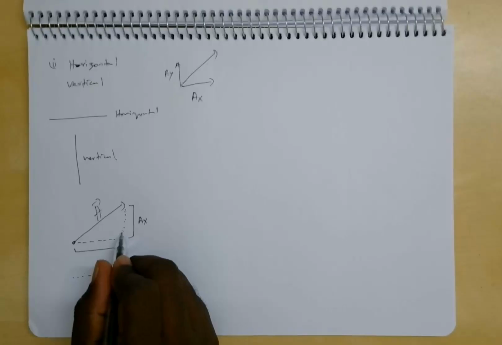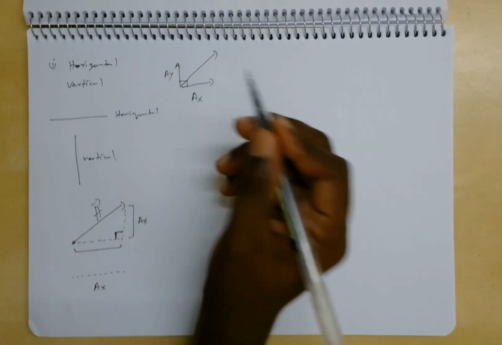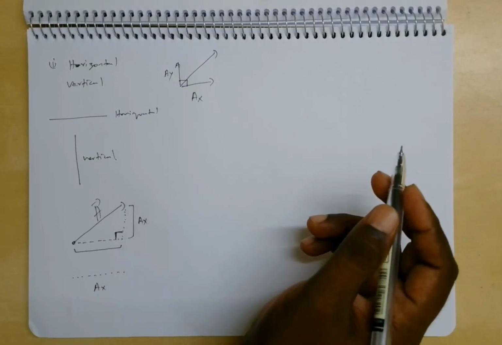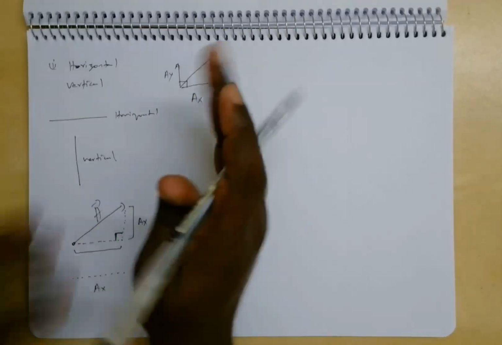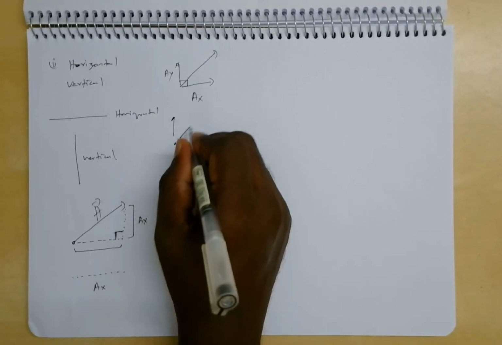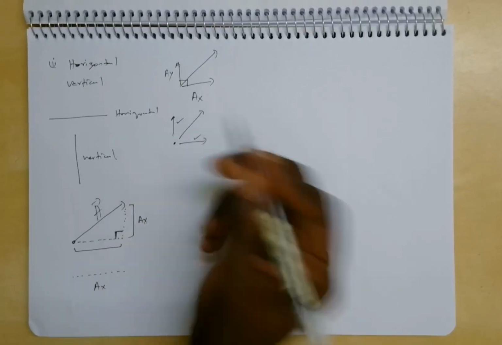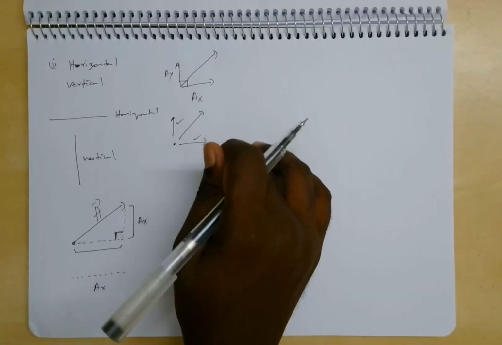And whatever we are splitting, the angle between them must be 90 degrees. Can you see, if this person has one pull here and one pull here, obviously he will move. So if you split, you will get this and this. That's what we call the resolution of a vector.